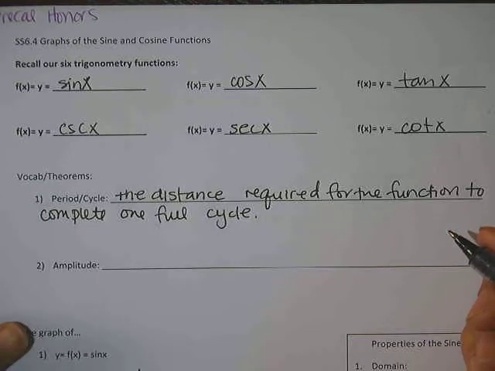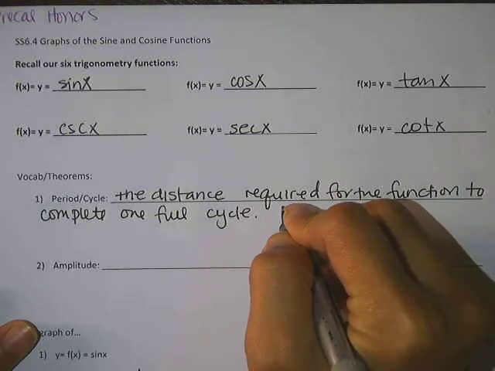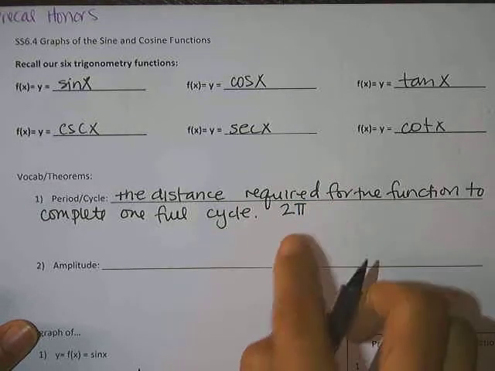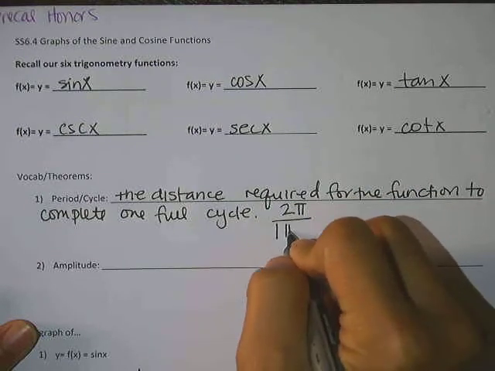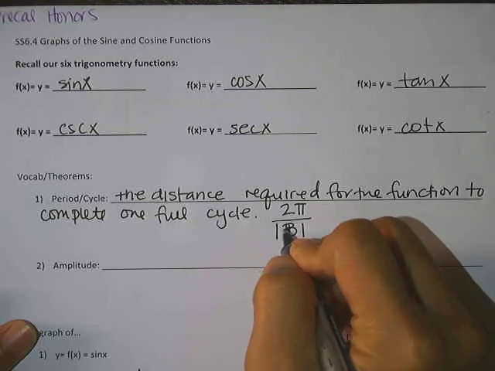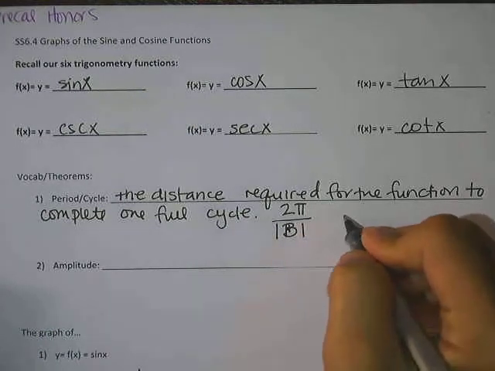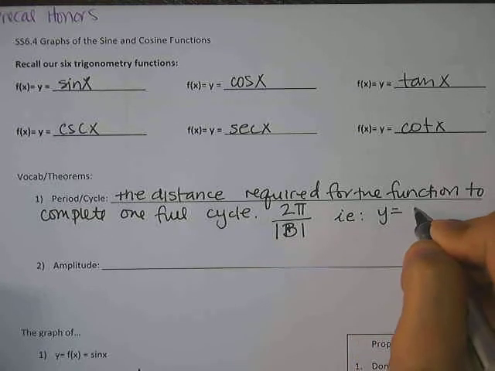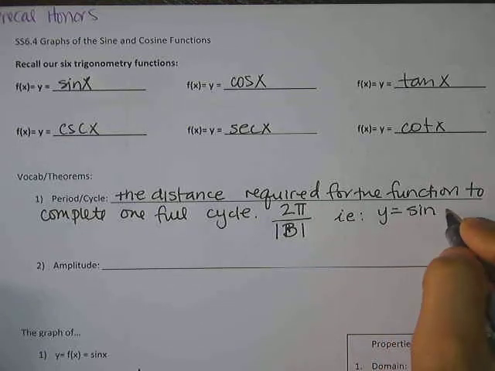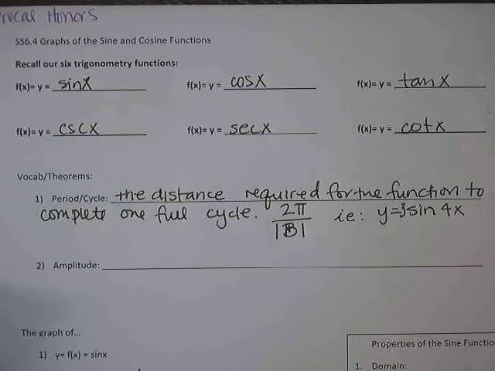So the period is given to you as 2 pi, which is a full revolution, divided by the absolute value of b. For example, y equals 3 sine of 4x, just randomly.